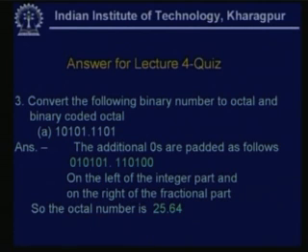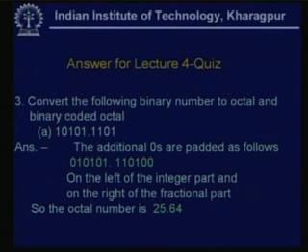Again if I put 0, then it will be 1 and again it is 5. So, it will be my 8. Simple: for binary we take 3 bits together and then we write the octal.